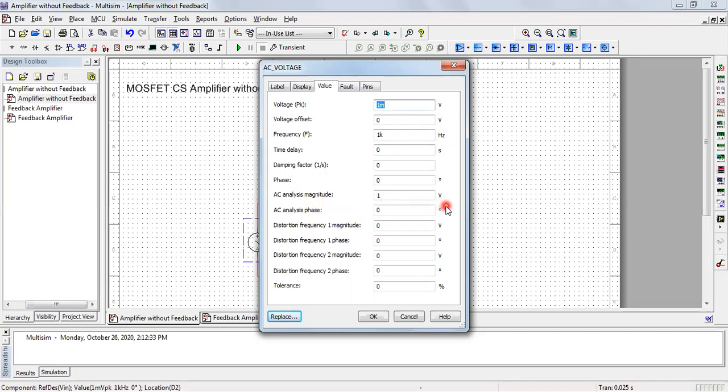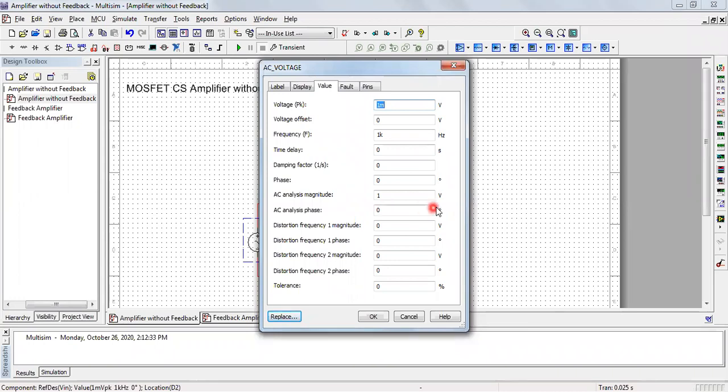If we are plotting the AC response, then we must set the AC magnitude also, and I already told you, we set 1 volt so that whatever output voltage V out we get is itself equal to the gain, clear?